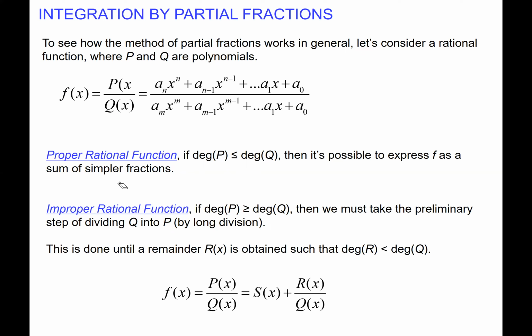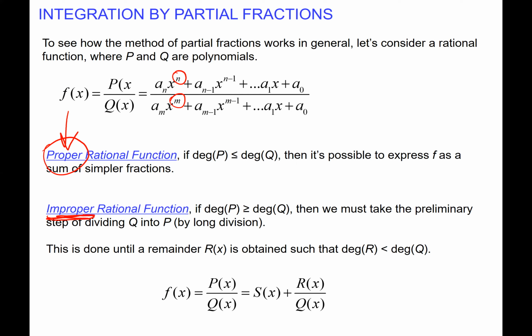But for all of the cases, case 1, 2, and 3, I will always refer to a proper rational function. We always have to check if we have a proper function, which means degree on the top is less than degree on the bottom. Now, if we end up having an improper rational function, then we have to do one extra step.